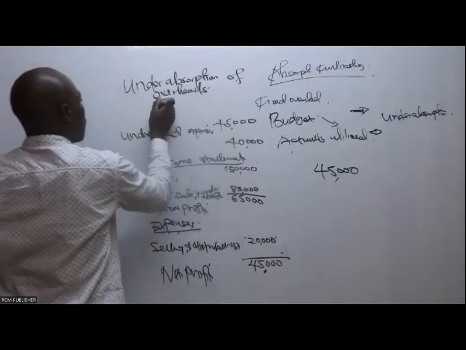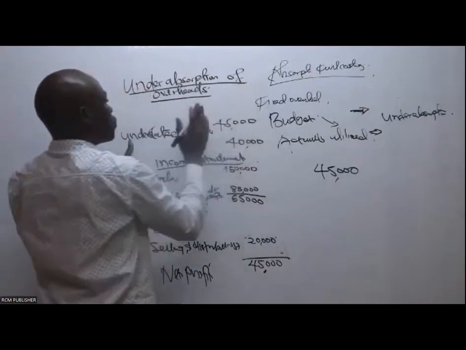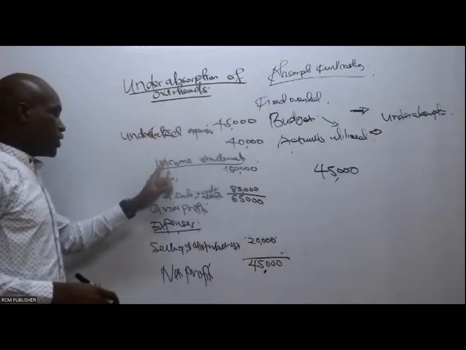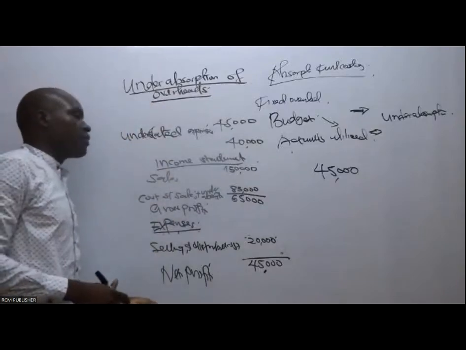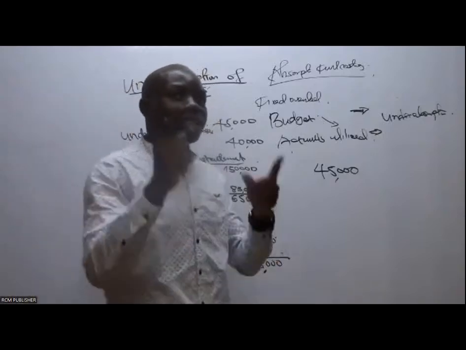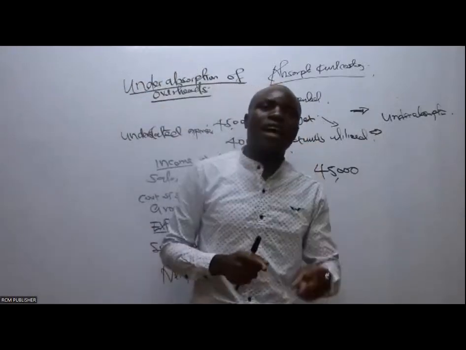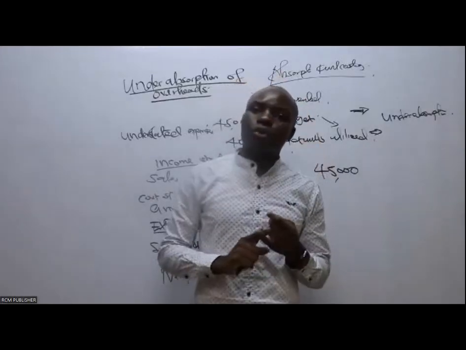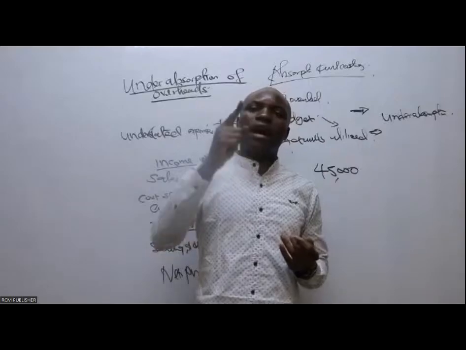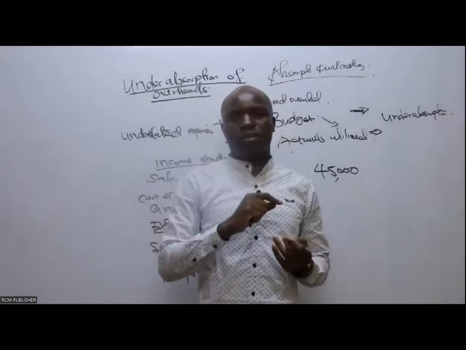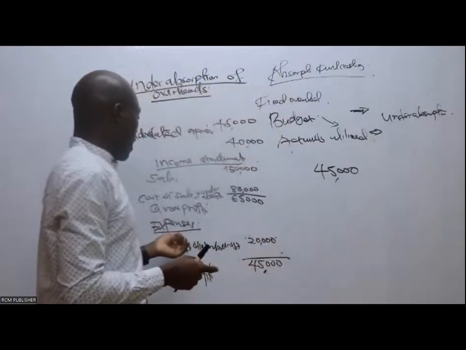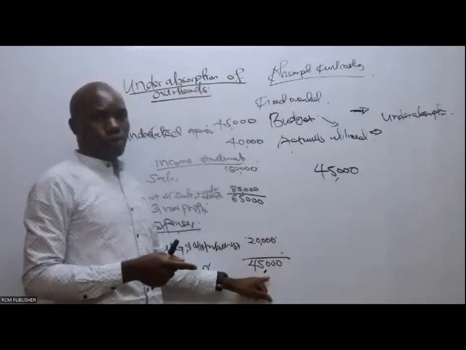So the under absorption of overheads, we've been able to see how it arises and how to treat it. And from what I've demonstrated here, we've now seen that the under absorption of overheads can be taken care of in two places. One, I put it as an expense under expenses down here, then it reduces my net profit.